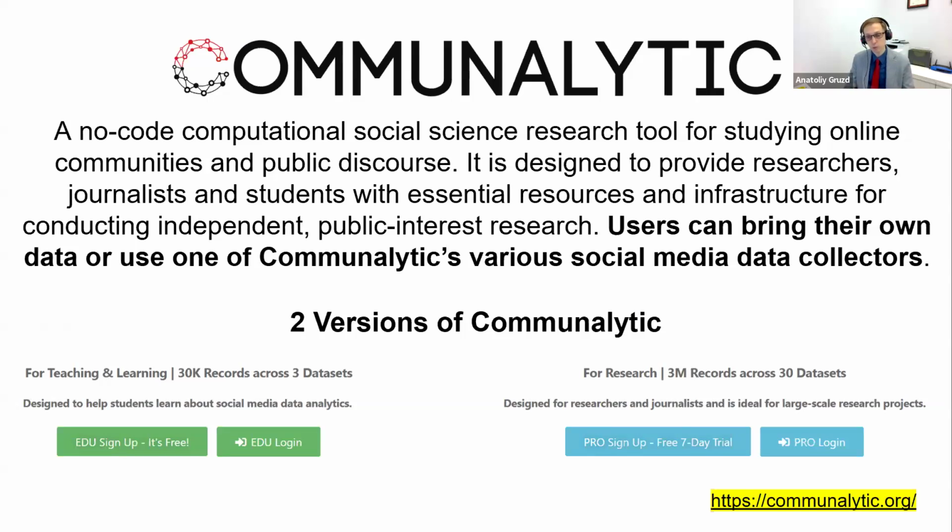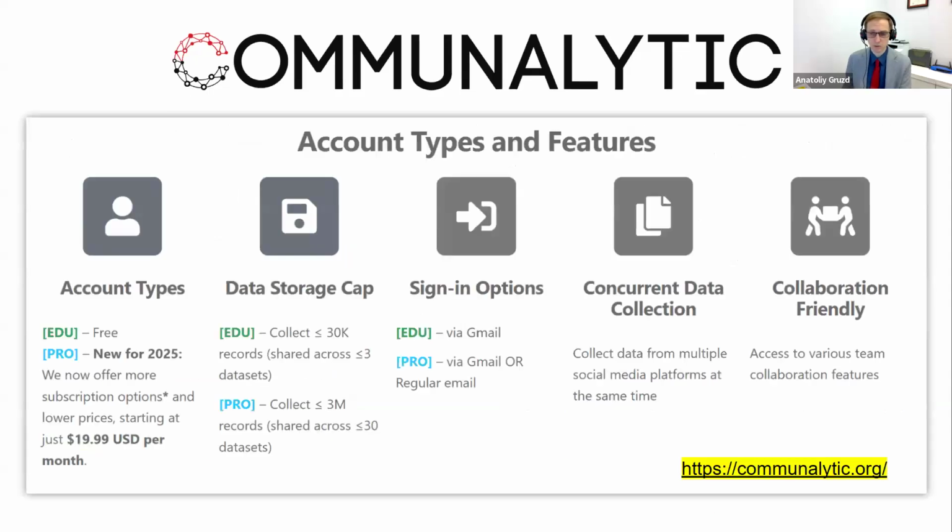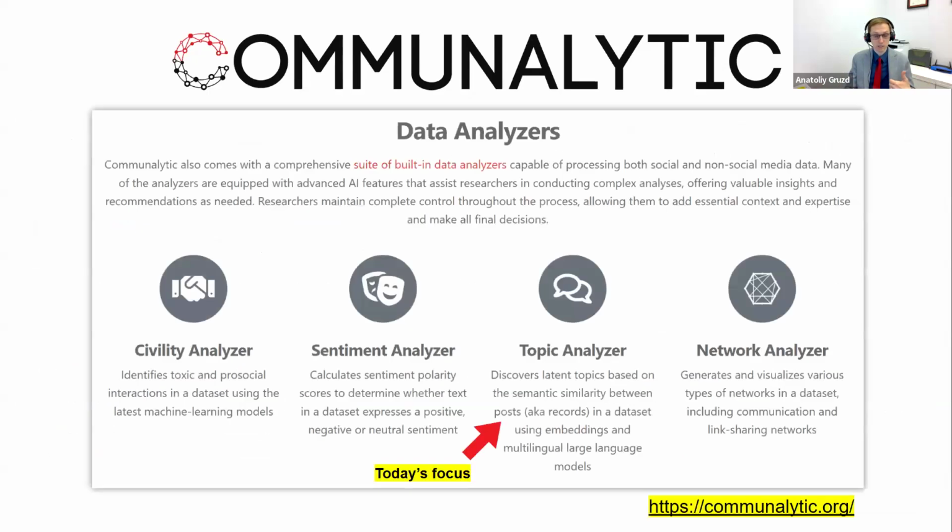The research platform is the community-supported Pro version, where we use a dedicated commercial hosting provider that supports a little more space and capacity to analyze larger datasets. There you can have 30 datasets and 3 million records across the datasets. Either way, whether using EDU or Pro, the features are quite similar in terms of analysis. Really, the main difference is the size of the datasets and the number of datasets you can collect.